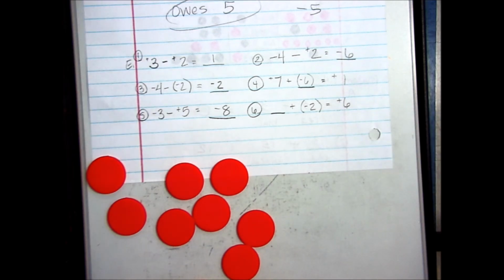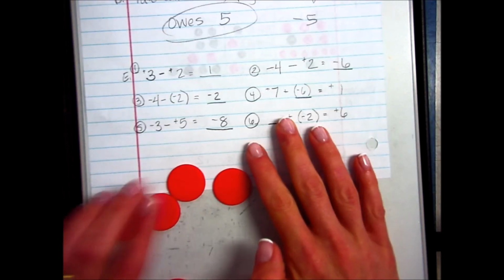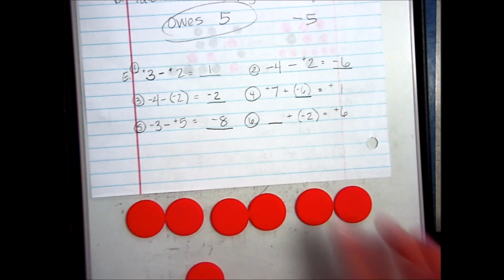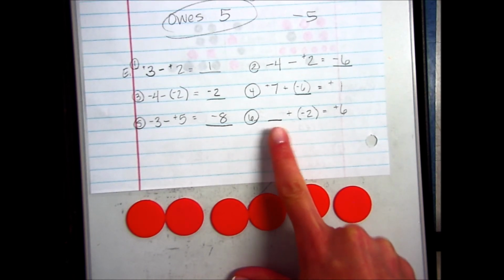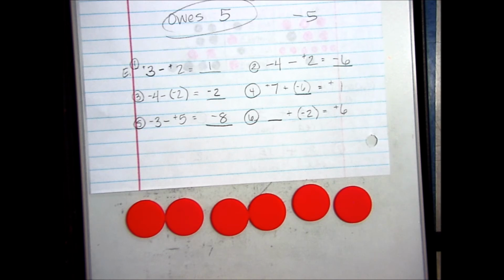All right, I want my answer to be a +6. So what am I going to have to start with and add a -2 to end up with that +6?